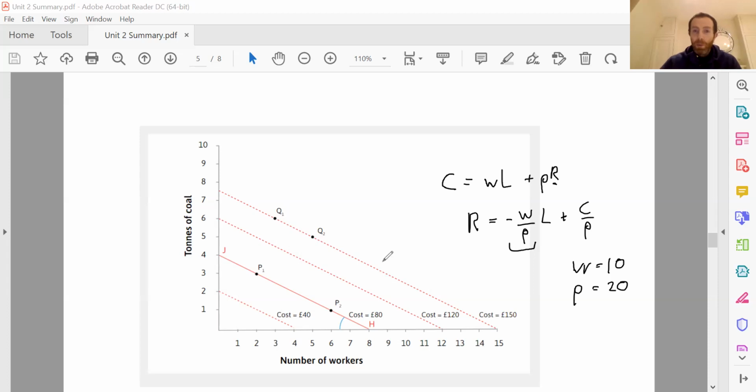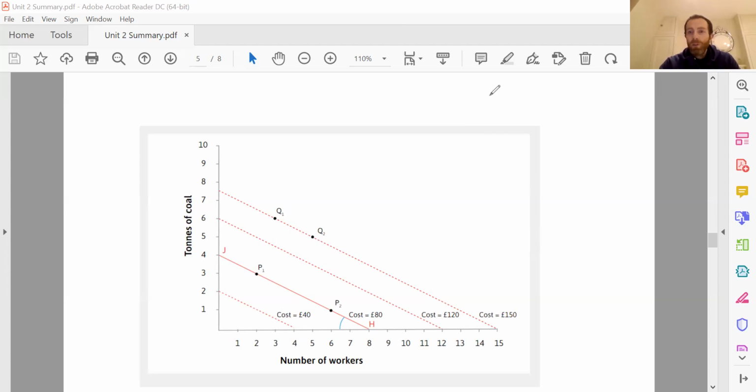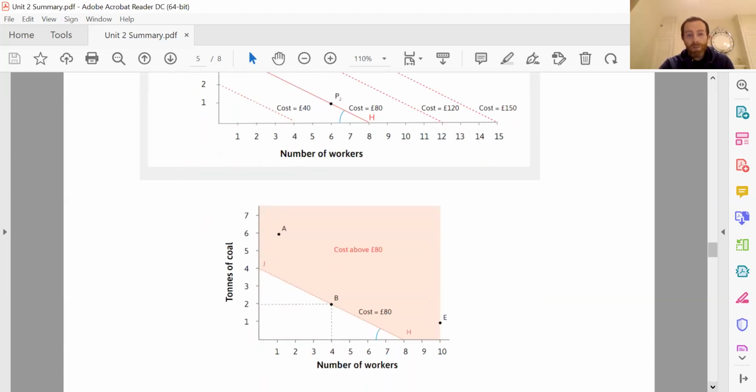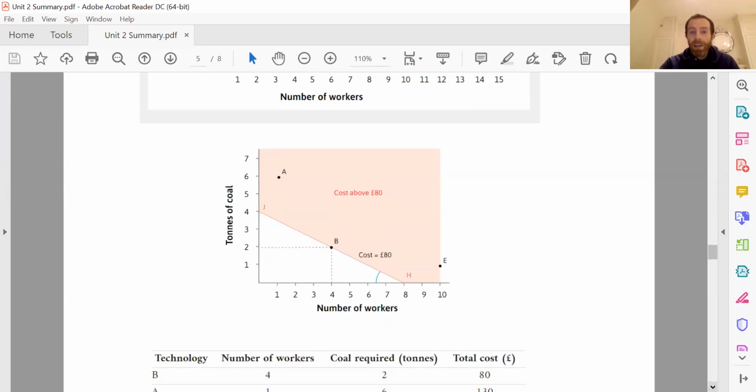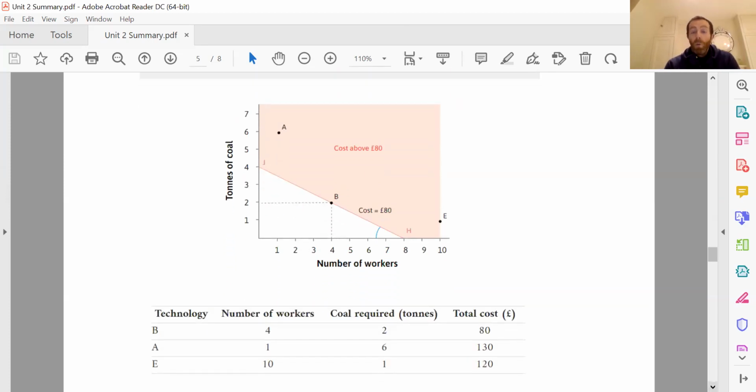So this is a really important ingredient, because with this, firms are now going to be able to decide which of those three technologies to choose. Because if we assume they want to choose the technology that is the lowest cost, which seems reasonable because that'll help them maybe increase their profits, then we have a whole map of these isocost lines, and the technology to choose will be the one on the lowest possible isocost line.